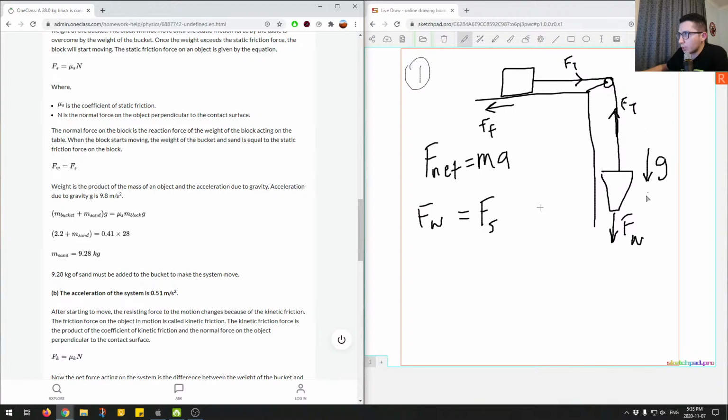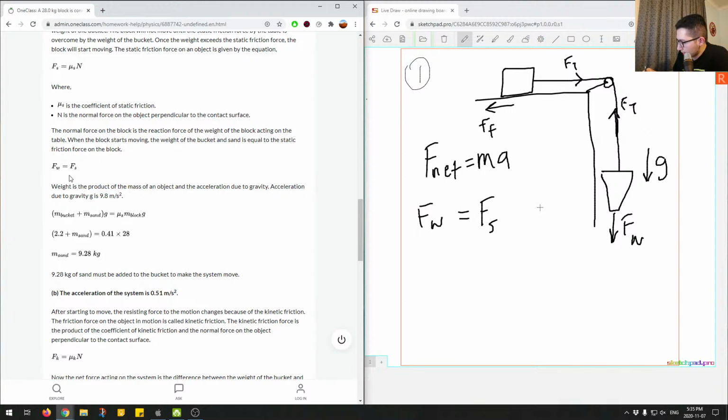We can equate these because although they're not pulling in the same direction, we know this pulley over here changes the direction of the force, and we know that this force is balancing out this force. So since we know on this side of the free body diagram for the bucket there's a force of tension that is equivalent to the force of tension on this side of the free body diagram, we can equate this over here, and then what we have to do is just solve.